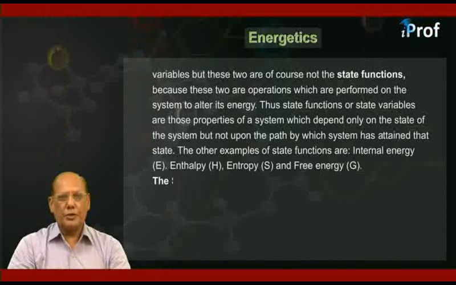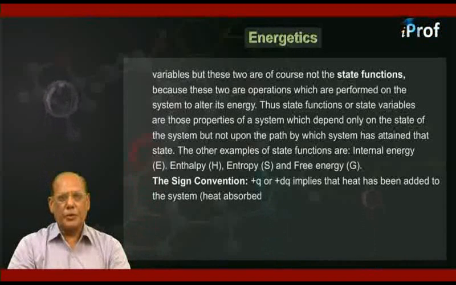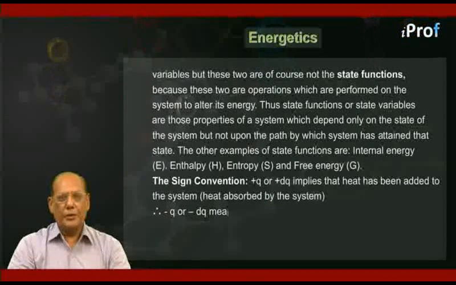The sign convention: plus Q or plus dQ implies that heat has been added to the system, that is, heat absorbed by the system. Therefore, minus Q or minus dQ means heat lost by the system.